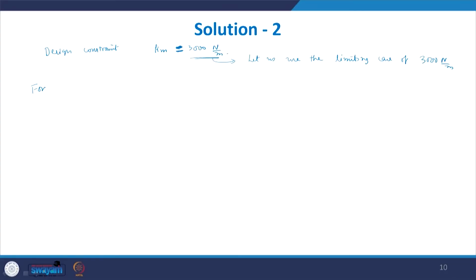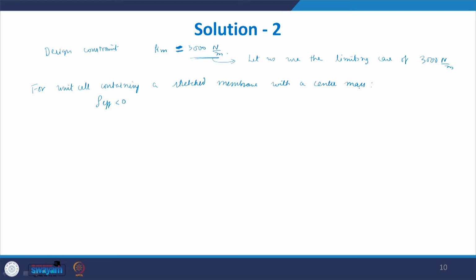So, now we have a unit cell containing a stretched membrane with a center mass, where rho effective becomes less than 0.